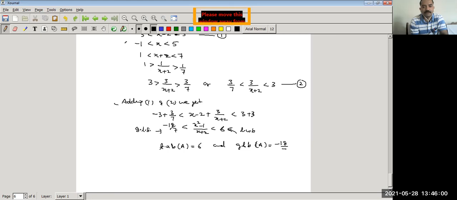So this is all about the Archimedean property, order completeness property, and examples related to LUB and GLB. You can try more examples related to LUB and GLB.